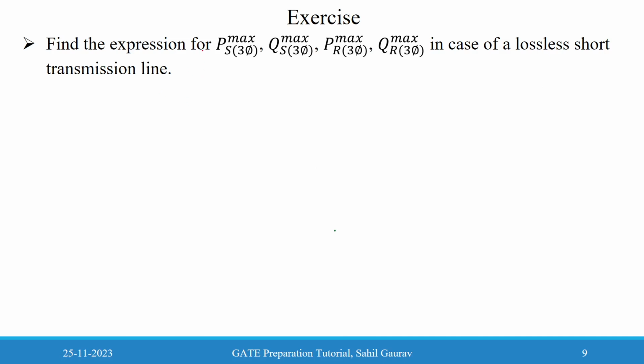In the previous case, for maximum power transfer, we have seen that for sending end delta is coming at 180 degree minus theta, and for receiving end delta is coming as theta.